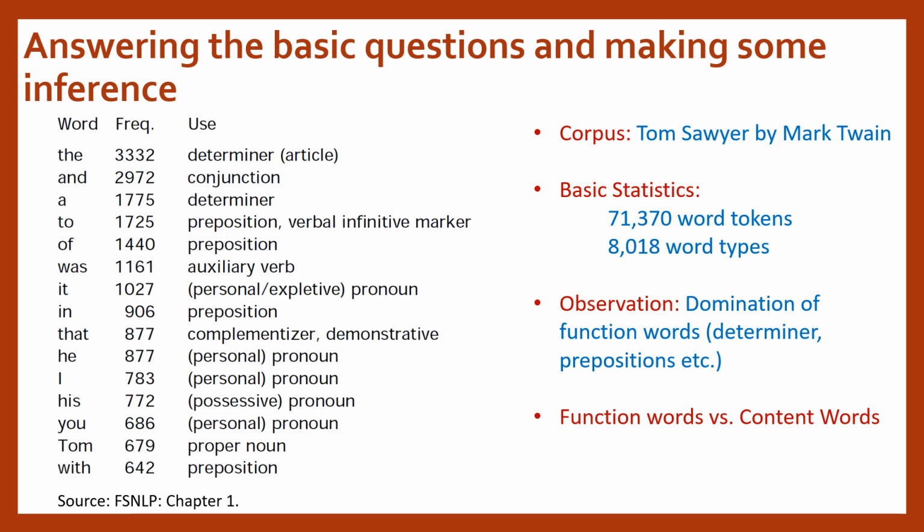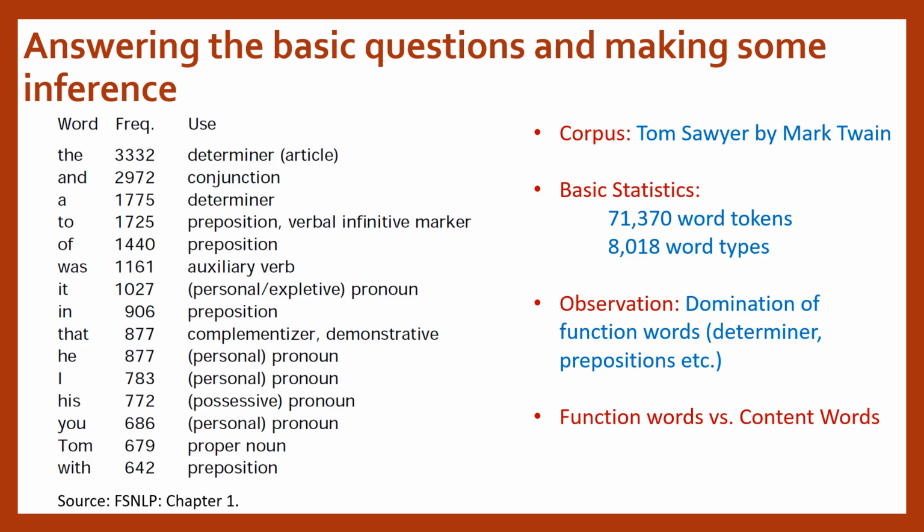So here's an example when we try to understand what kind of words are present in my corpus. This example is taken from Foundations of Statistical Natural Language Processing by Christopher Manning and Hinrich Schütze. They considered one particular corpus, the story written by Mark Twain called Adventures of Tom Sawyer.